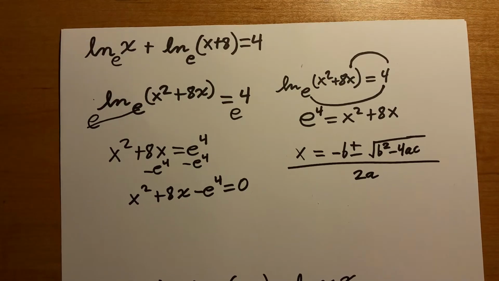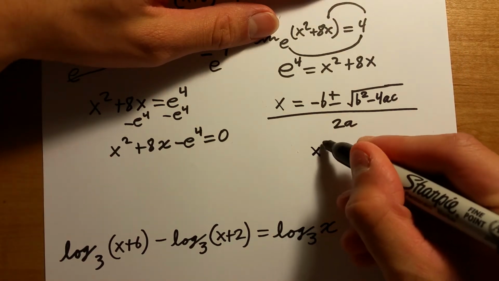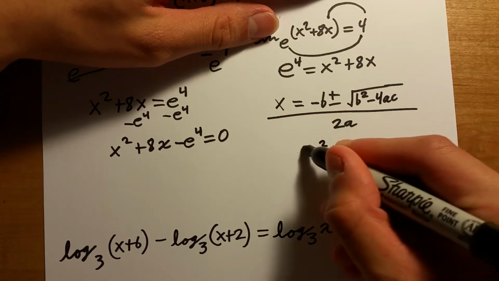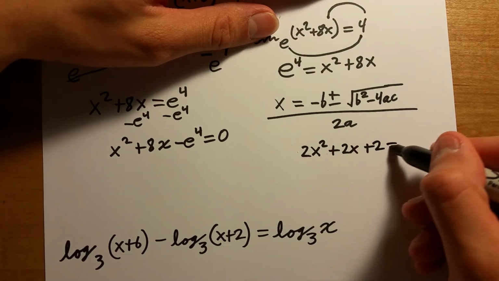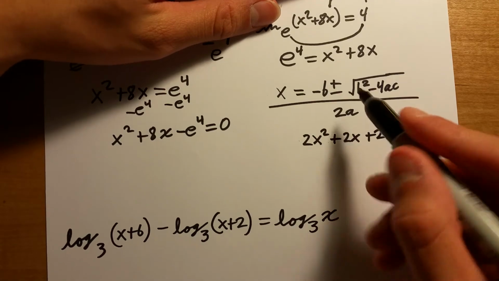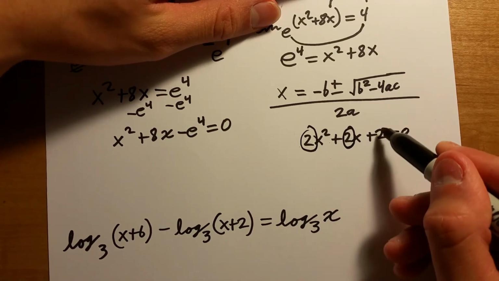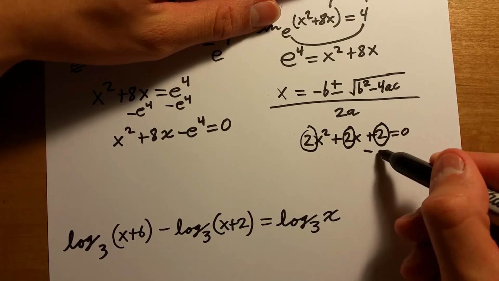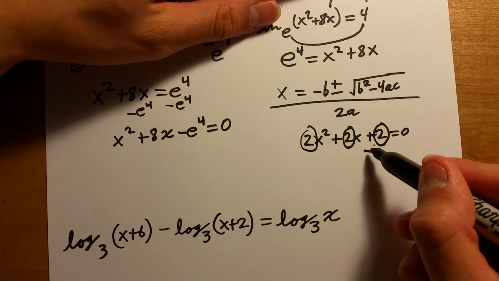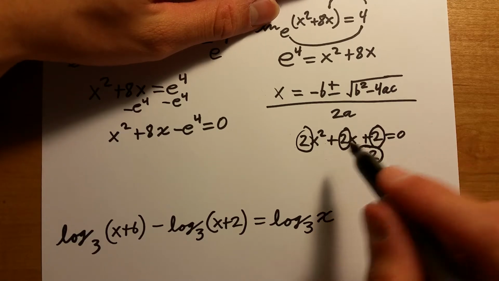And if you don't remember how to apply that, say you have a simple equation like 2x squared plus 2x plus 2 equals 0. This is the a, this is the b, and this is the c. If this was a negative sign, let's say negative 2, you need to take the negative sign into account, so you'd put in negative 2 as the c.